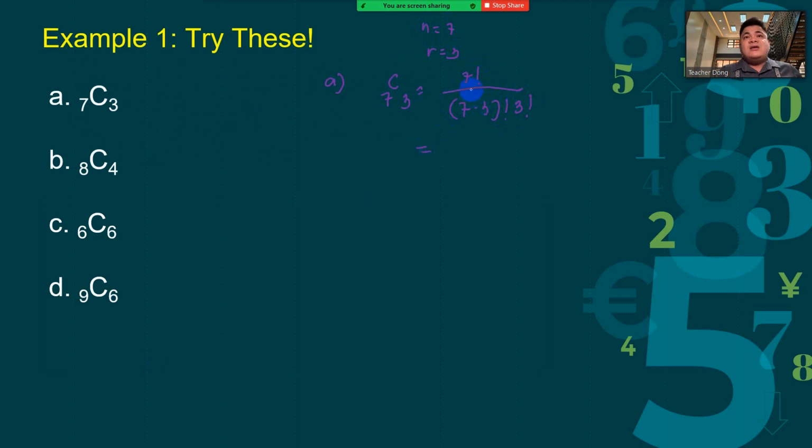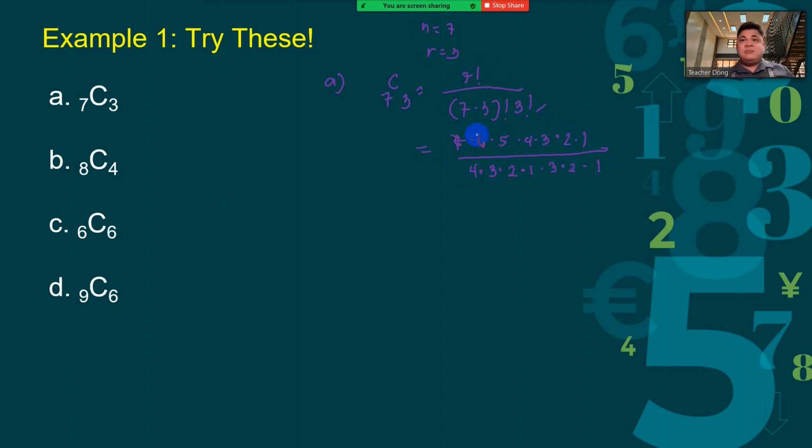So let's expand 7 factorial. It is 7 times 6 times 5 times 4 times 3 times 2 times 1 over 7 minus 3, which is 4. So therefore we have 4 times 3 times 2 times 1. Then for 3 factorial, it is times 3 times 2 times 1.